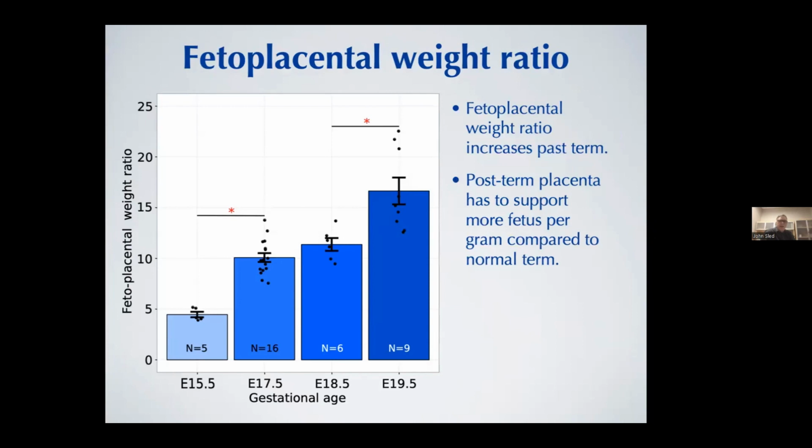So if you combine those two pieces of information together, the fact that you have a growing fetus and a placenta that is either flat in its weight or dropping, and our placenta is our source of energy and our fetus is consuming energy, then the ratio of the two is instructive in the sense of how much fetus a given placenta is supporting. And so as gestation progresses, that ratio rises and rises.